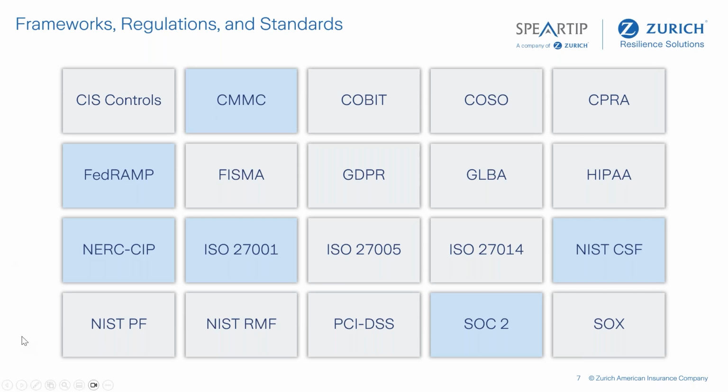GDPR, that one might impact you if you've got international business operations, and I'm sure a few of you are sitting there saying, but we don't collect data. You have employees. You have employee PII. That is sensitive information, and there may be other pieces of information that you collect that may fall into GDPR, or you need to sit there and review.